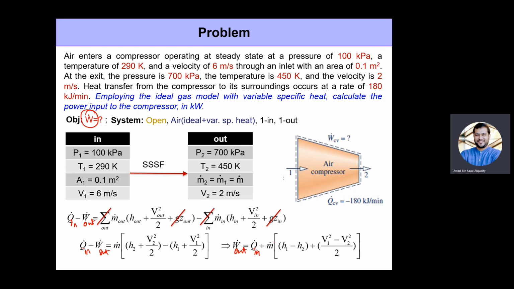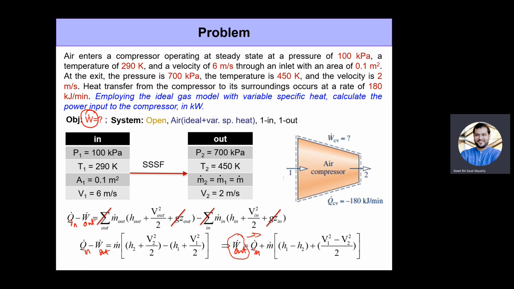Once we calculate the value of W out, we know that it's going to come out negative because work is not going out from the system, but coming into the system. So once we get the value for work output, we'll make that into a work input and write the power input to the compressor in kilowatt. We don't have to worry about the sign for now, but we need to be careful about what the sign is, and see whether it comes out positive or negative.